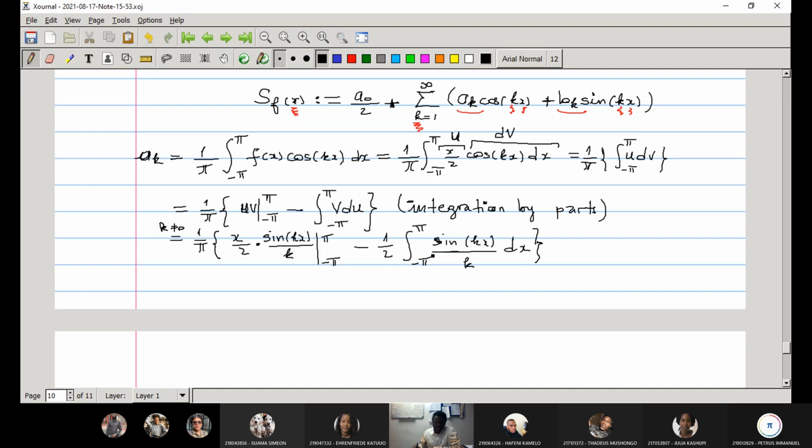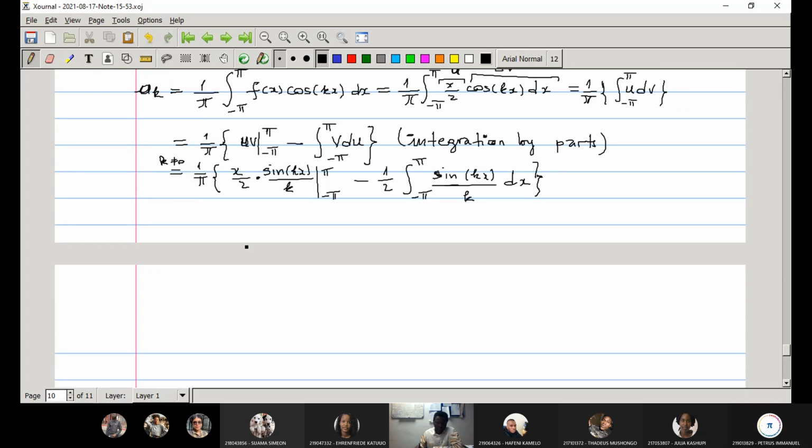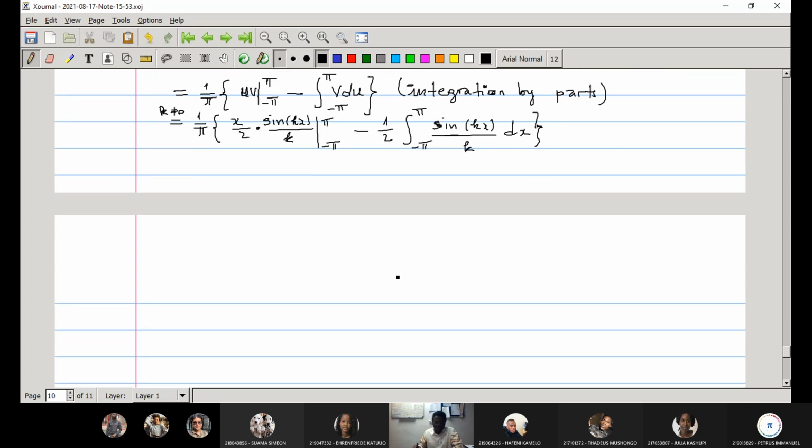Okay, since this is a single function, I can find its antiderivative directly. So this is equal to, let me continue here. So that is equal to what? 1 by pi. Now, if I substitute this inside this one, I have x equal to pi, and the next will be negative pi. Okay, now, because the sine function is an odd function, this negative will go out.